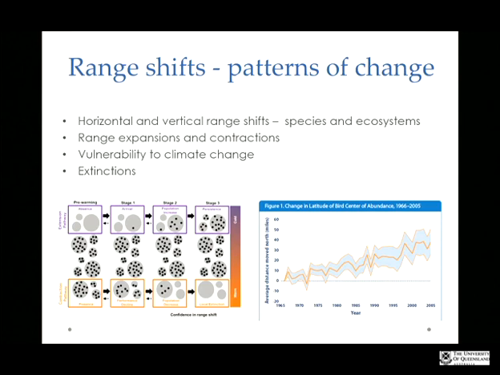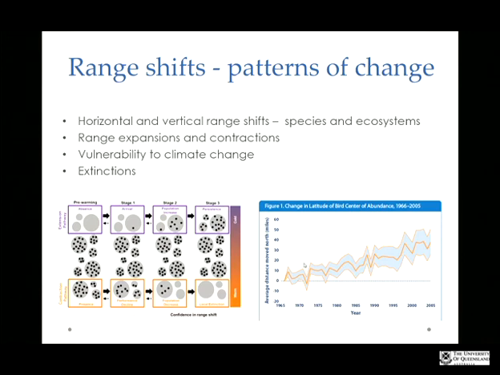So the other thing that will happen if things can move is they will move. They will move to stay within their comfort zone. So they'll either move up mountains if they live on a hill, or they'll move horizontally towards the poles. Or in the case of Australia, they'll move towards the coast because they tend to be driven more by moisture than by temperature. And so you'll have range expansions and contractions. And you can remember these diagrams.